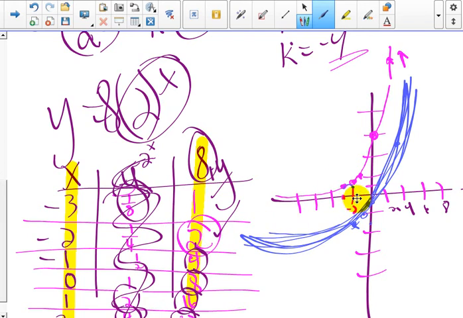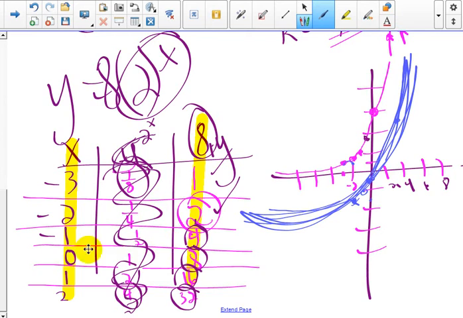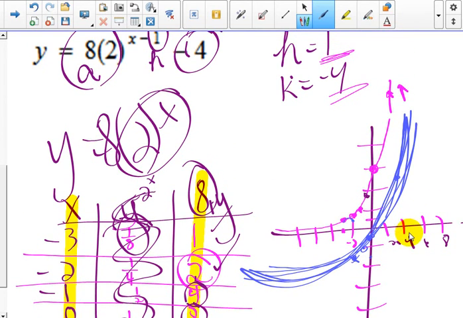And then negative 2 and 2, there. Negative 1 and 4, that point's up here. And now we have 0 and 8, so up here, and 1 and 16, so it's up here, and then 2 and 32, which is off the charts, right? That's going to be way up there.